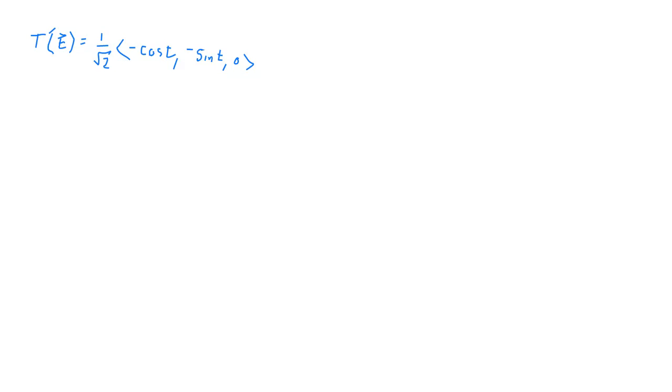All right, now the magnitude of that vector would be 1 over the square root of 2 times the square root of negative cosine of t squared plus negative sine of t squared, right?